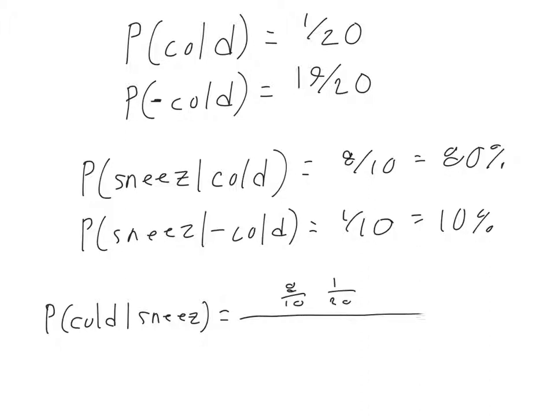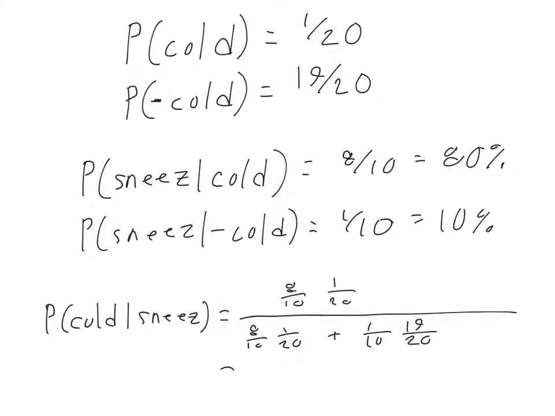That's our numerator already, so then in the denominator, repeating the probability of seeing the evidence given having a cold, times the probability of having a cold, and then adding the part of probability of seeing sneezes when there's not a cold, times the probability of not a cold.